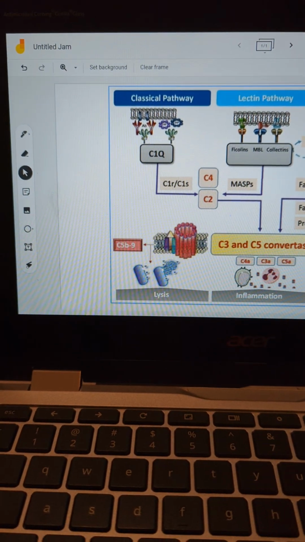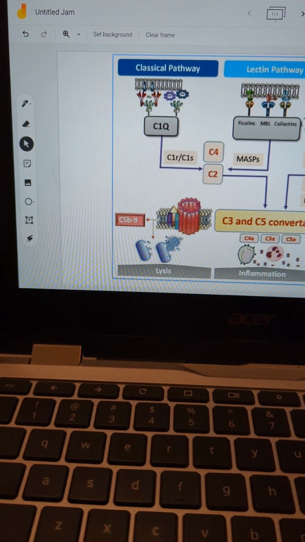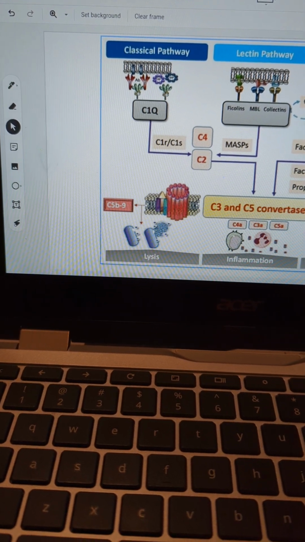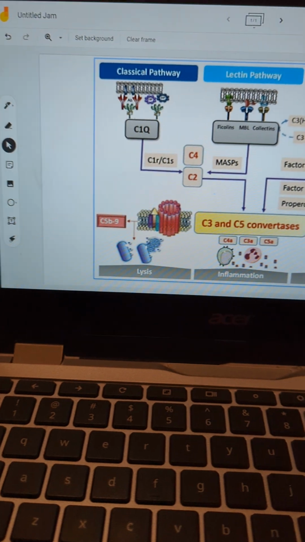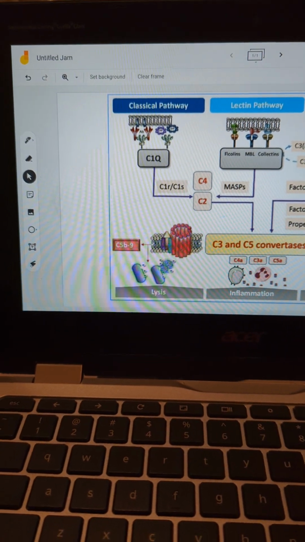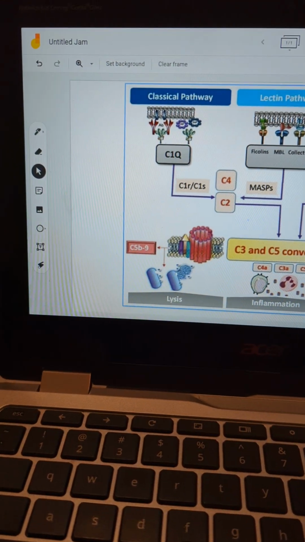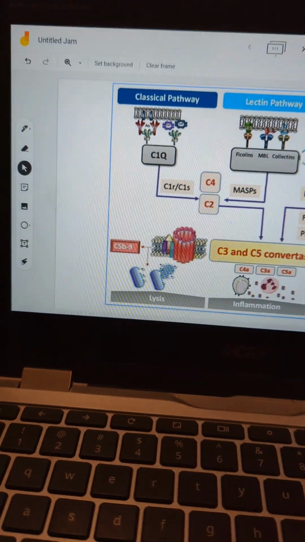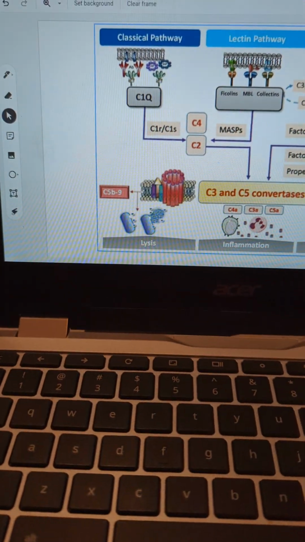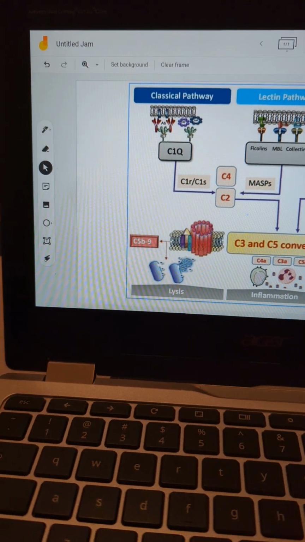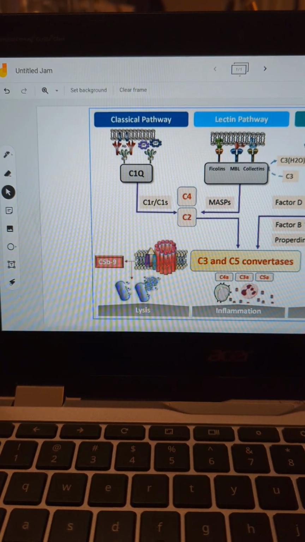Now, it begins with the antibody binding to the surface antigen on the microbe. Once the antigen binds, it activates this protein that's just floating around in our blood, always just there, hanging out.